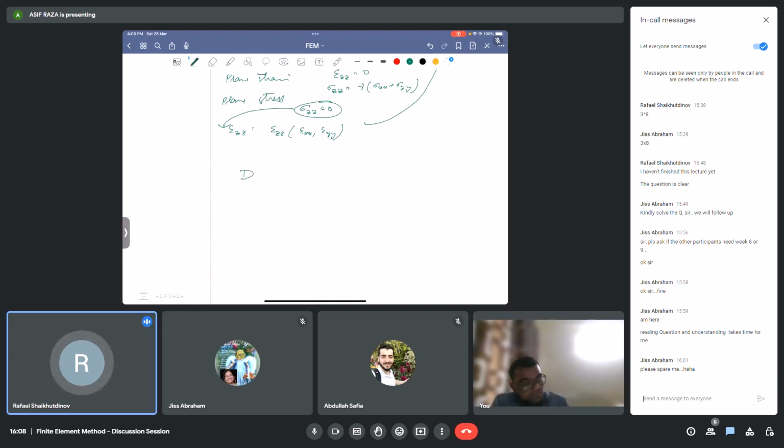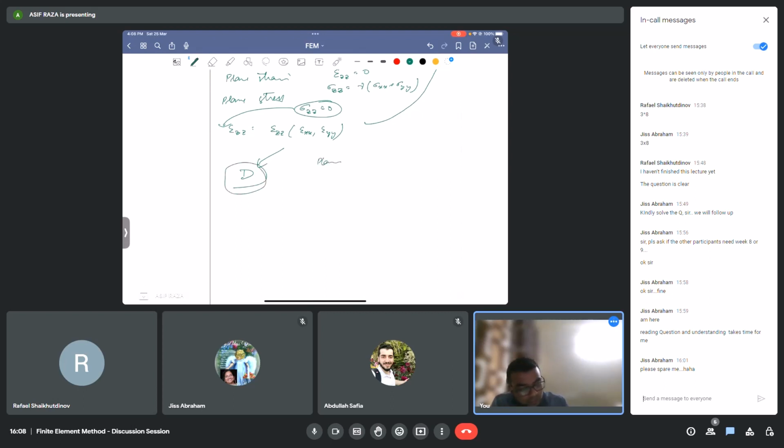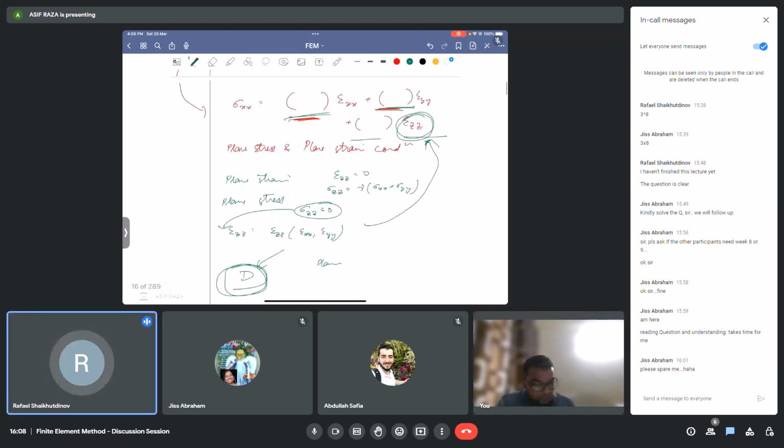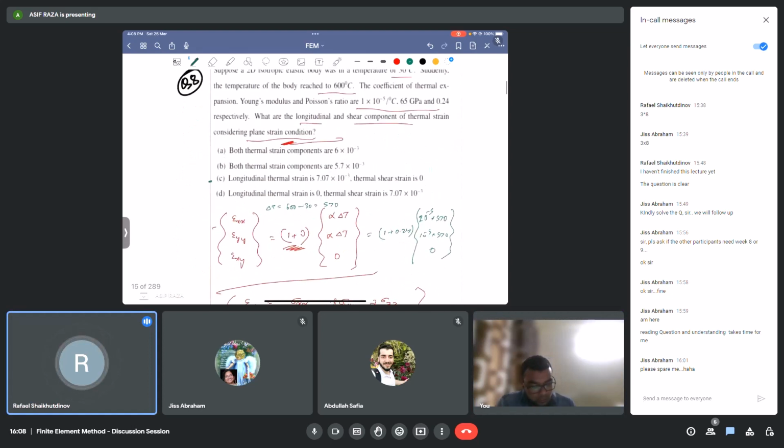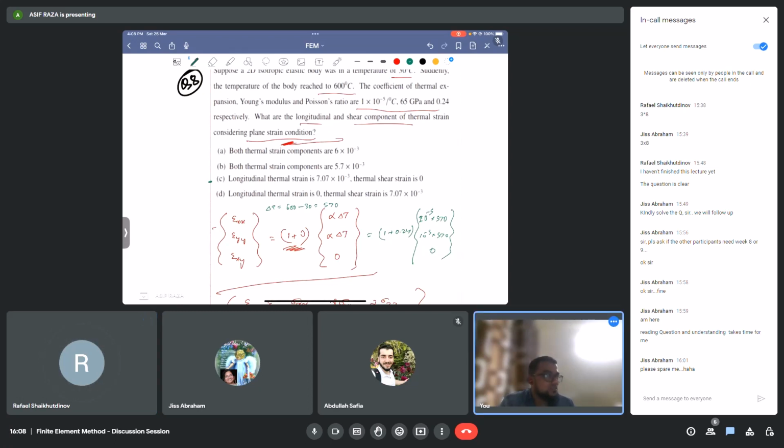The inverse of Hooke's law. You better do this, because for plane stress and plane strain, this D matrix is different for the two cases. Okay, I need to consider plane stress and plane strain Hooke's law. Yeah, invert this and establish this equation. Okay, yes, thank you.